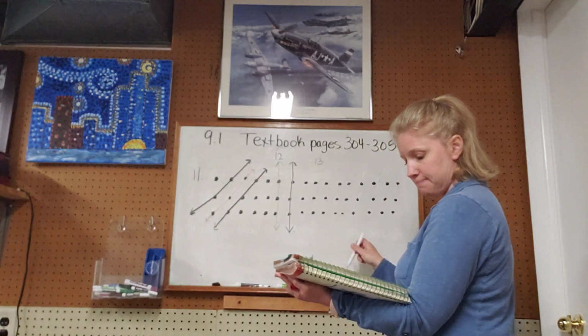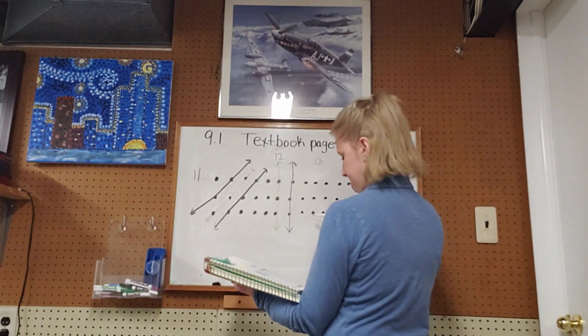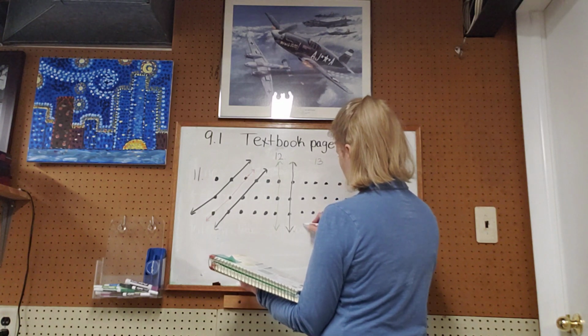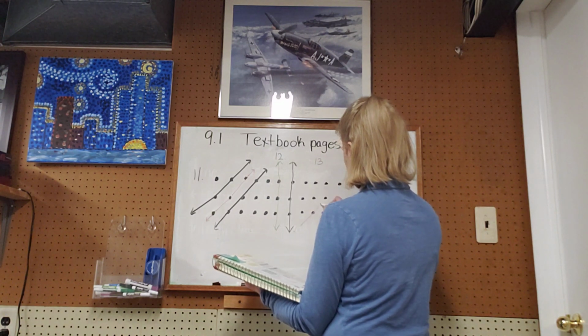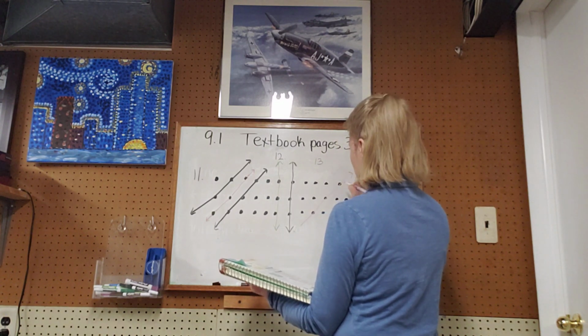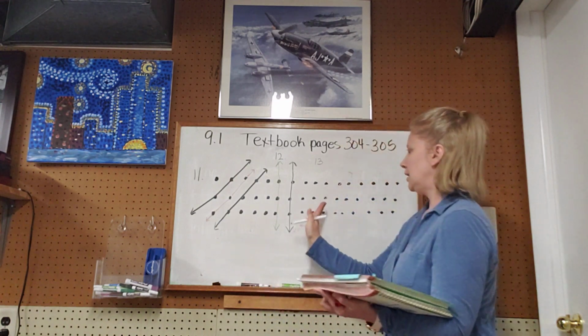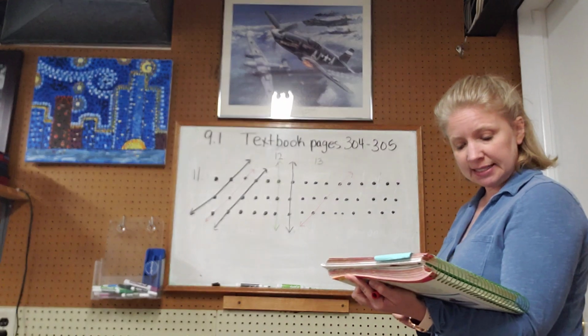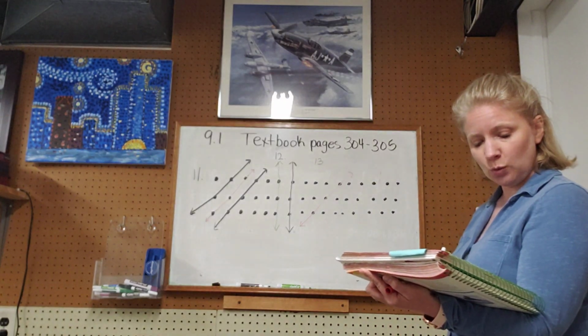Here's our red line. There's our red line again. It's going diagonally. 13 says it intersects the red line.